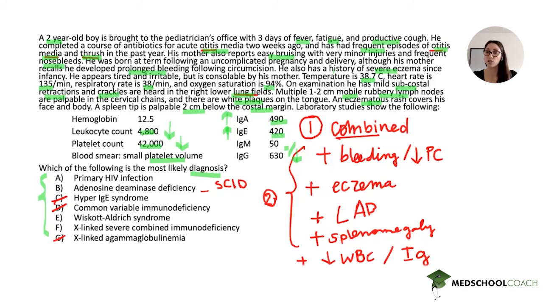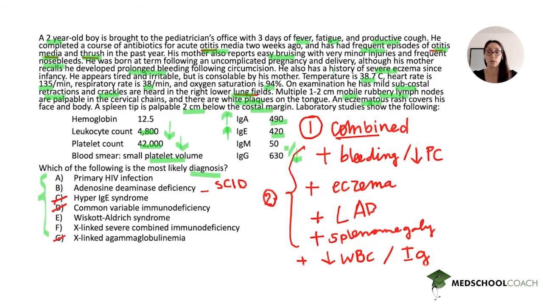And these other features are additional details that if you knew them, that was fantastic, but if not, now's a great time to learn them, but they weren't necessarily required to answer this question. You could have gotten the question right just by remembering that the combination of a combined immunodeficiency with bacterial, viral, and fungal infections, in addition to bleeding, thrombocytopenia, and eczema, is consistent with Wiskott-Aldrich.